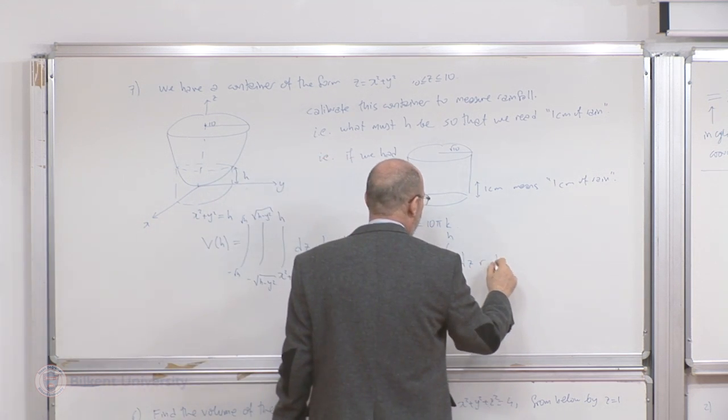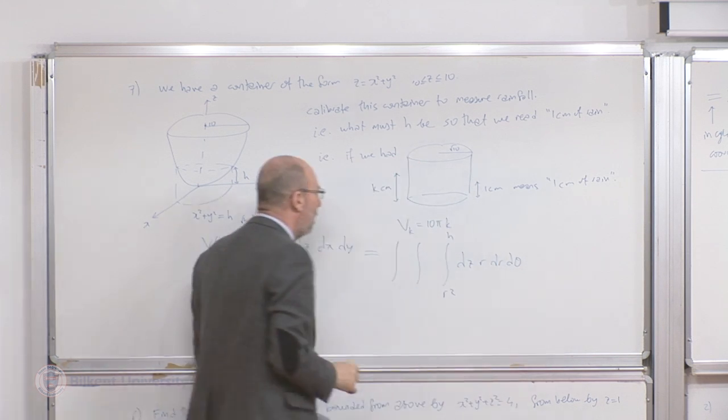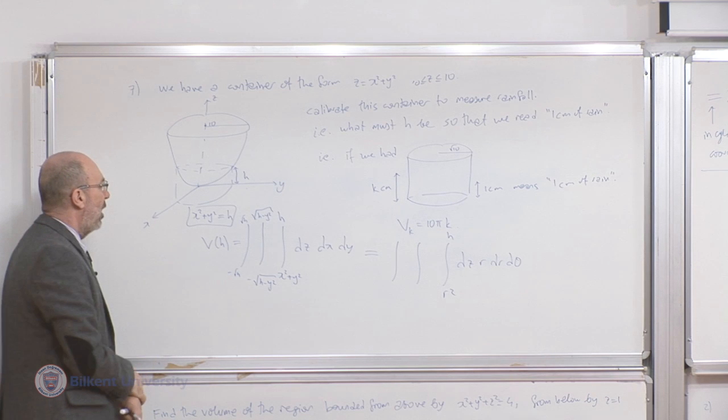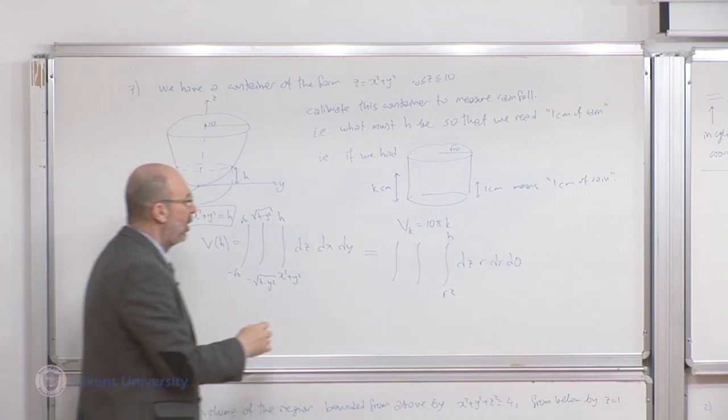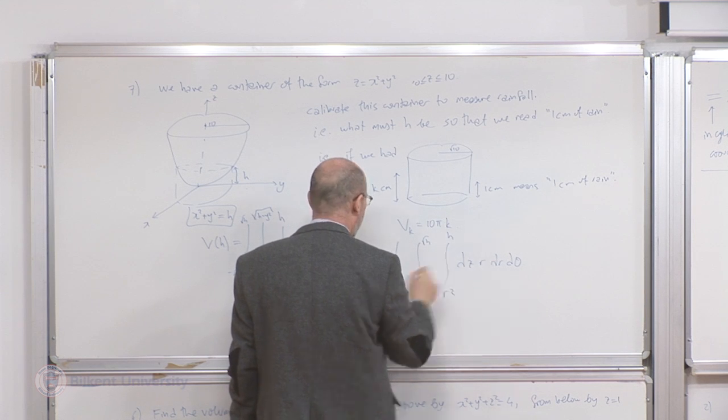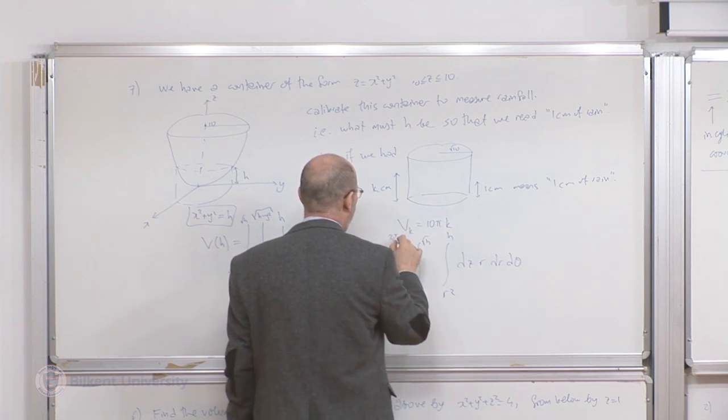Then I have r dr d theta. I am describing this circle where r is square root of h. So r starts from 0, goes to square root of h, and theta is from 0 to 2 pi.